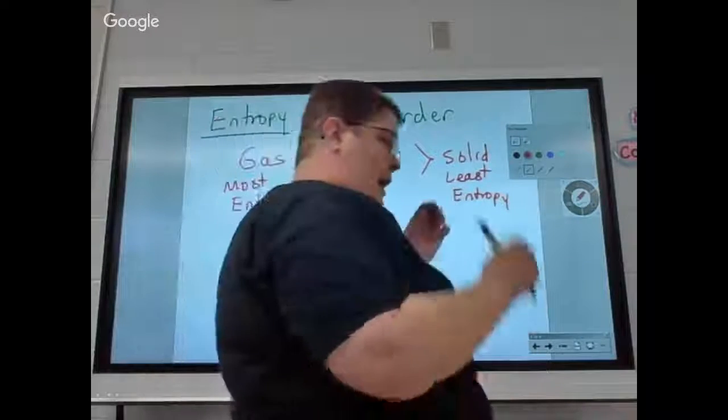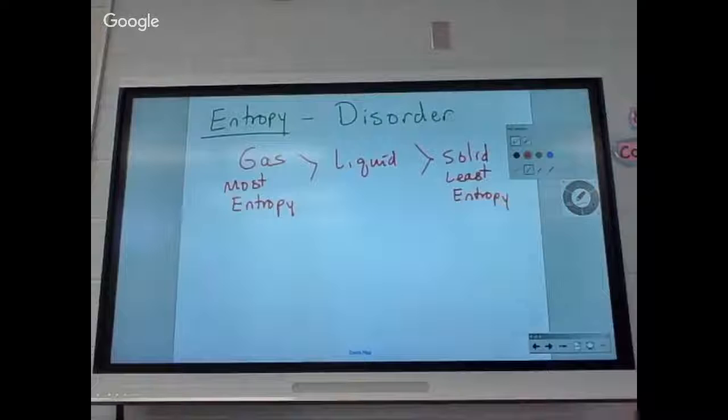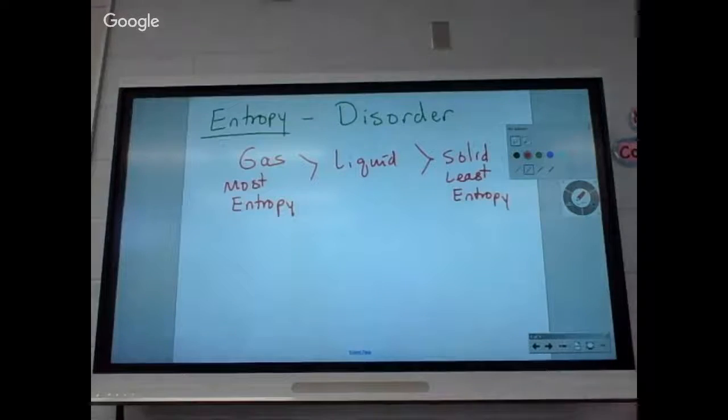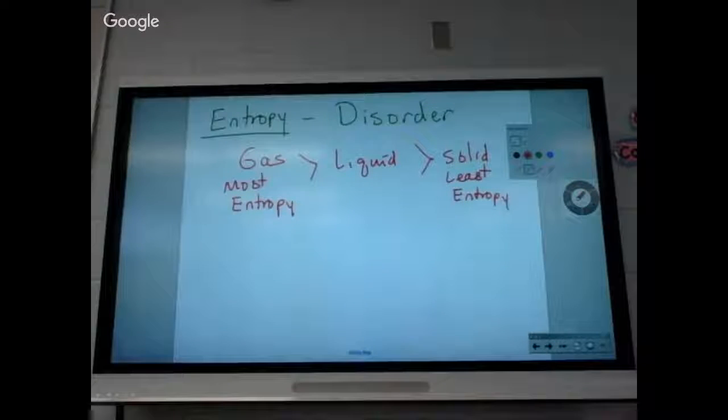Now, before we can apply this to balanced equations, which we're going to do in a second, we have to add in a state called aqueous, which we talked about back when we did equations. What does aqueous mean again? Does it have something to do with water? It does. Very liquidy.